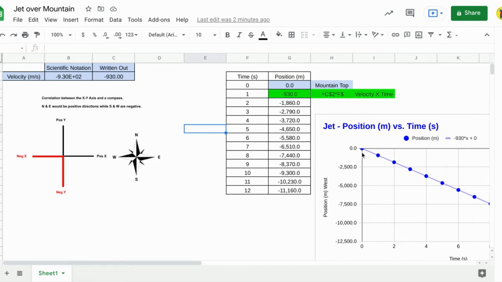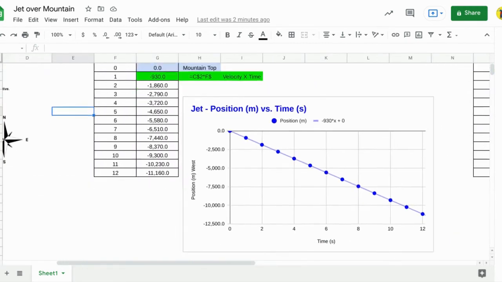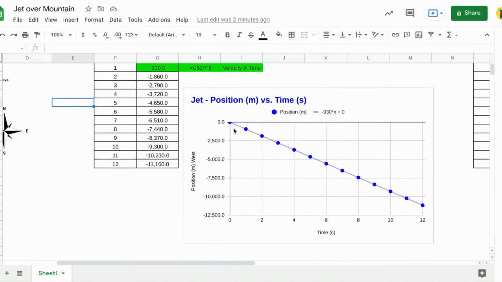Now, to plot that, it would look like this. Nice linear relationship because it's constant velocity. It starts here, which is the origin for the position, and it goes in the negative y direction, which is going west. And there it is at 12 seconds.